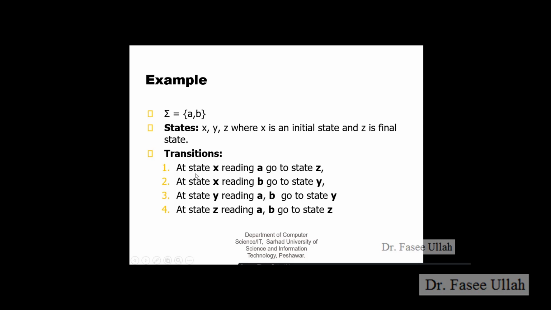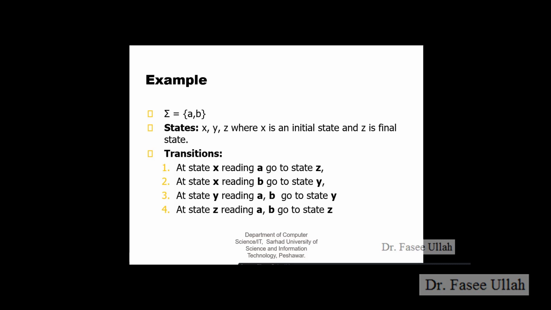At first we are at state X. It reads A, and after reading A it goes directly to Z. So this is one condition. Second, at state X, the initial state, it reads B and goes to Z. This is another alternate transition or path.